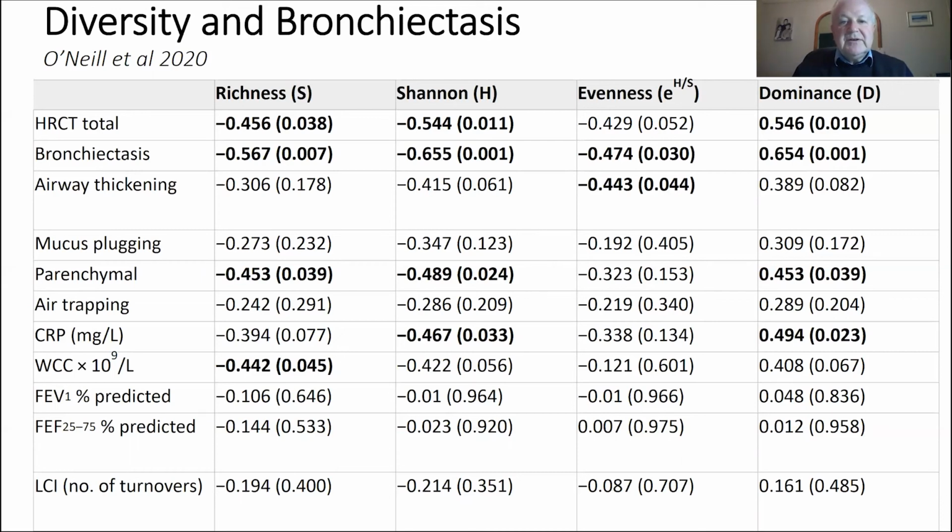And you can see in the middle column, the Shannon H column, which is the Shannon diversity measure, there is a relationship between HRCT total score, bronchiectasis, and parenchymal changes with diversity. And interestingly, for me, there's some early indication that measurements of inflammation, such as CRP and white cell count, might also have a relationship to microbial diversity in the airways.